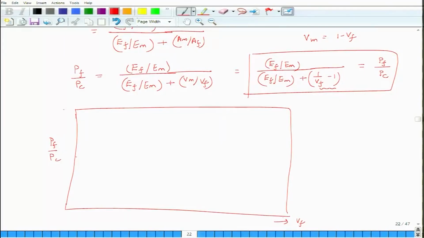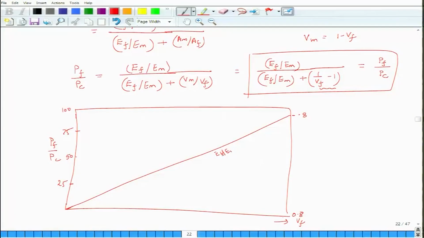So, let us say this is 100%, this is 50, this is 25, this is 75, and here it is 0.8. So, what we are going to plot is for different values of Ef over Em. If Ef over Em is 1, then it looks something like this.